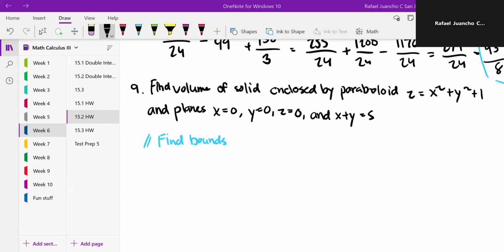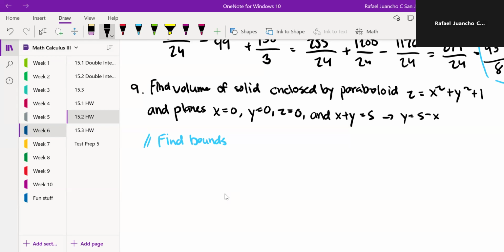So apparently they form a triangular region, right? So here we can do something in terms of y. So here we can rewrite this as y equals 5 minus x. Now, how do we know what the limits of x are?